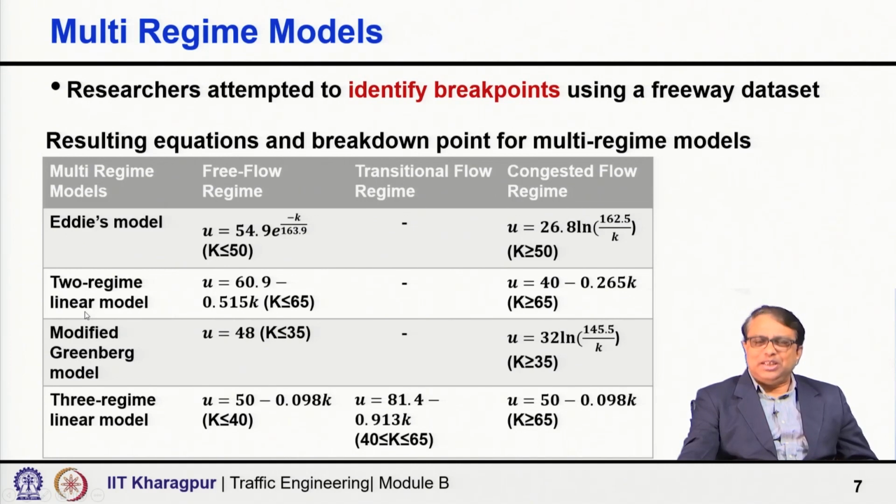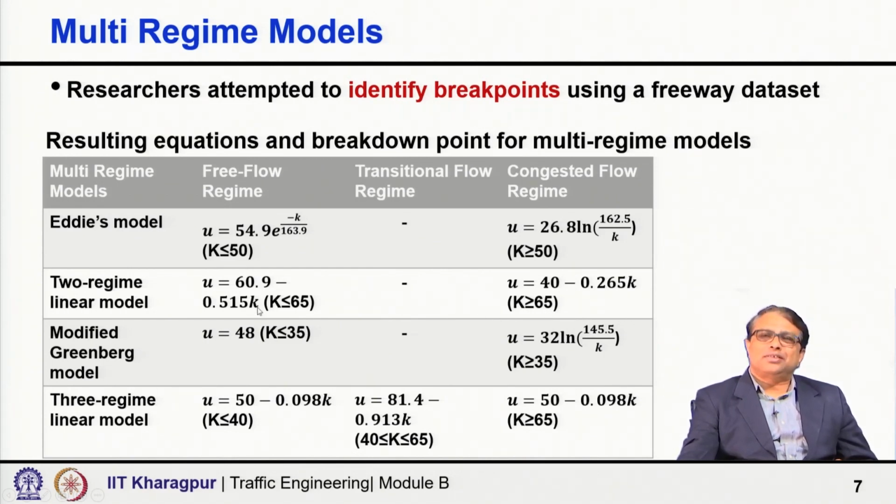Now, two regime linear models were also tried, as I have shown here in the slide, and here one case was taken up to k value of 65 inclusive. So, k less than or equal to 65 density in the free flow regime, and in the congested flow regime k greater than or equal to 65.